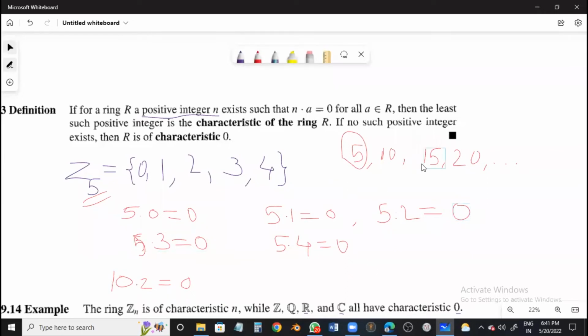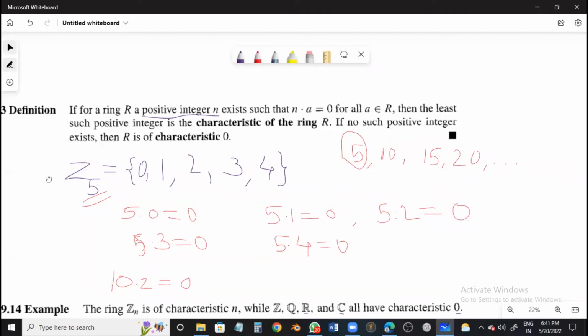We would have tried with 6 also, 7 also, but we directly jumped to 10 because we knew the answer. And so on. Amongst these, the smallest of all was 5. So we said that the characteristic is 5.